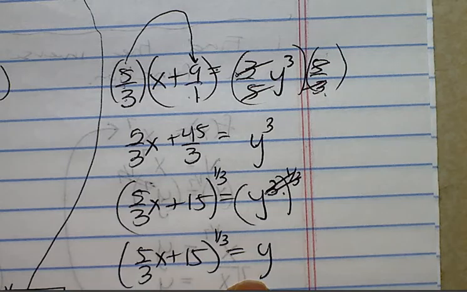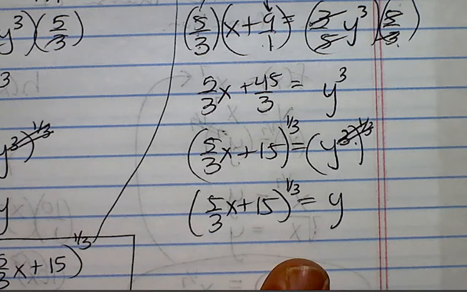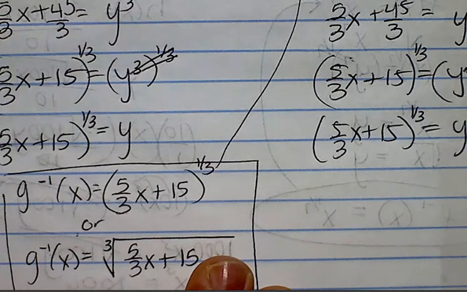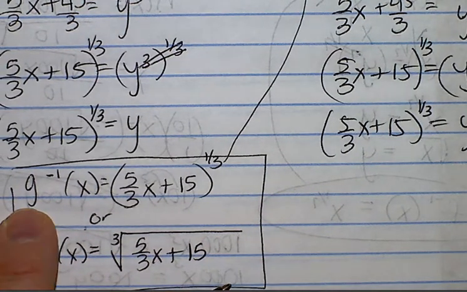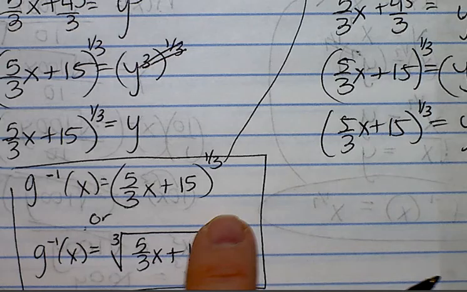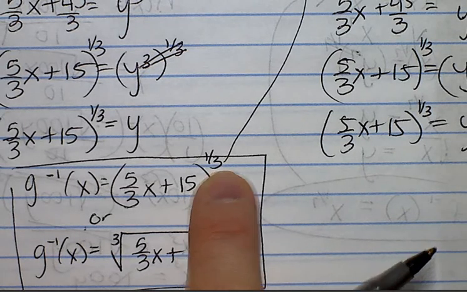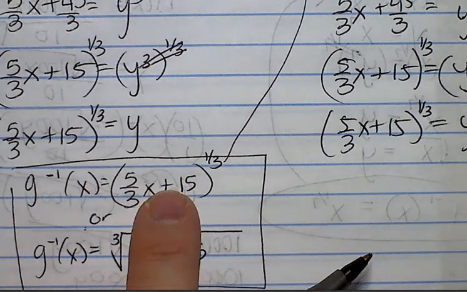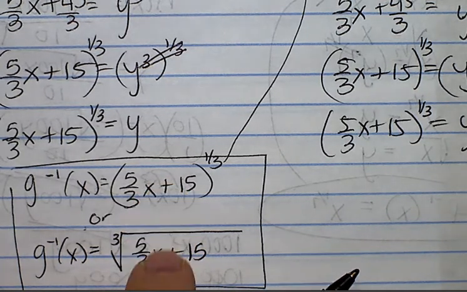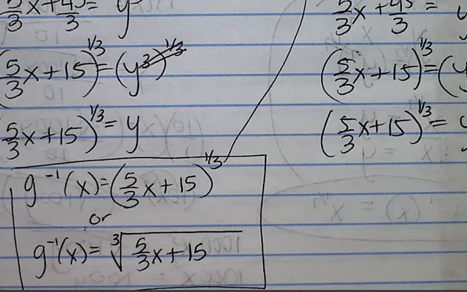Now I came back here and I rewrote it in inverse notation. G was our original function, and I put it in both forms. This is if there's a rational exponent, and here it is in the radical exponent form. Either one is okay, I just want you to recognize that they are equivalent. Okay?